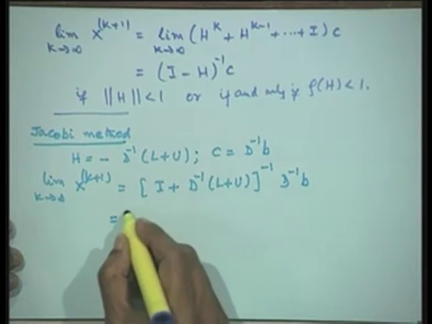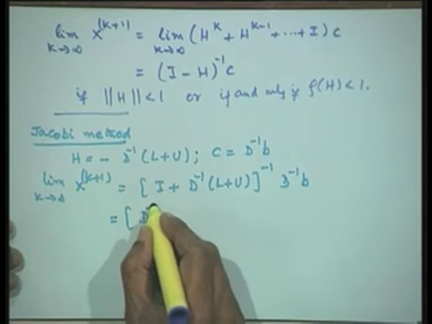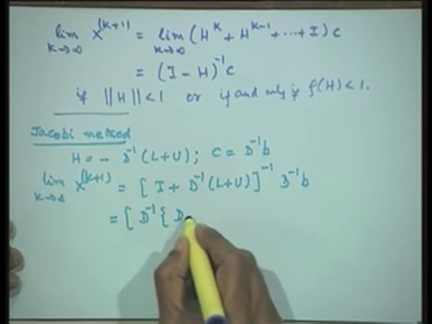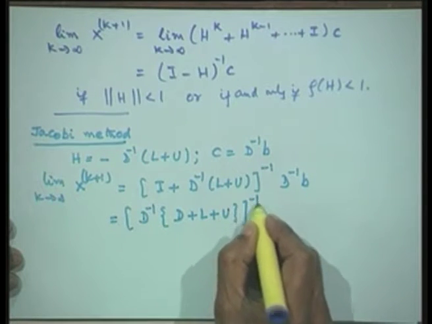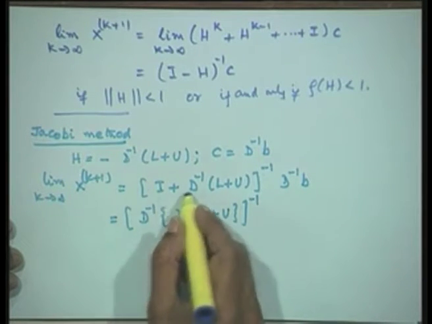Now, I will take d out from here. So, I will write down d inverse of d plus L plus u inverse. So, I have taken the common factor on the left.